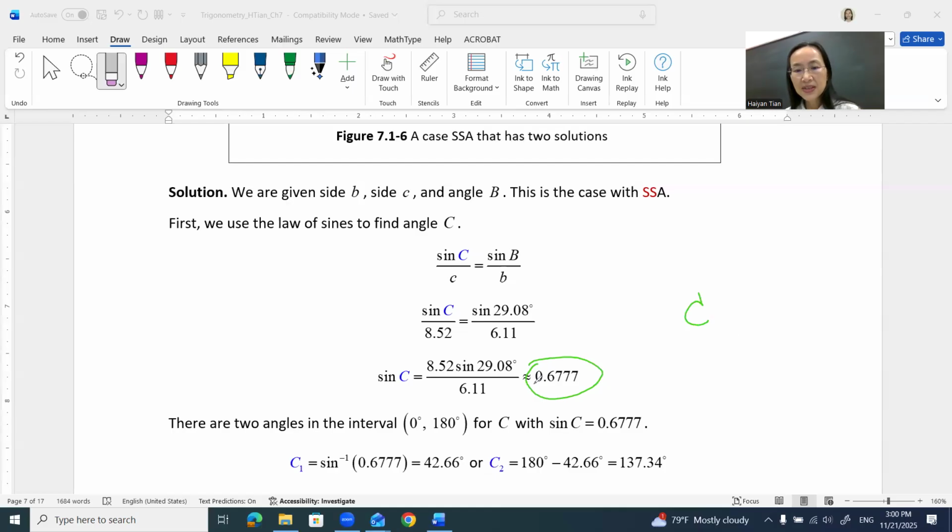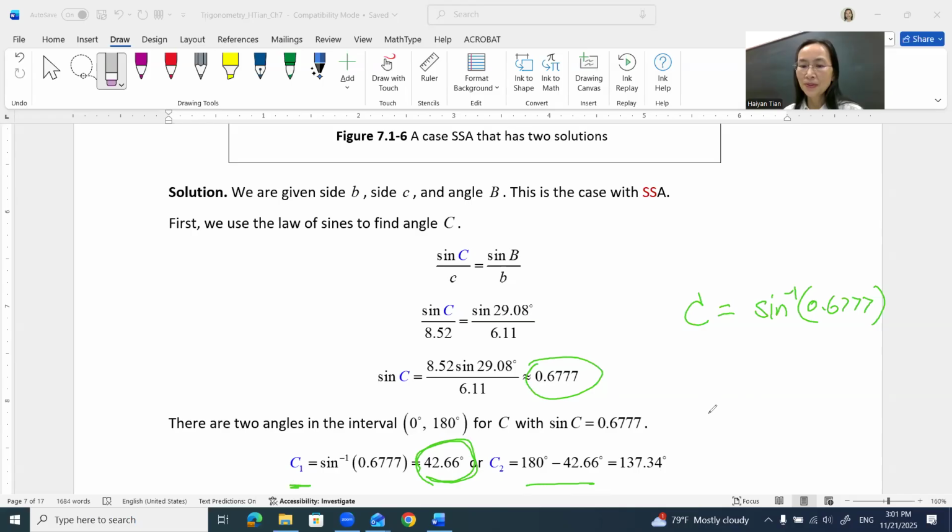And we look for the capital C. If sine C is this, then capital C could be sine inverse of this number. Sine inverse, it will return an acute angle. So we can discover it is 42.66 degrees. So that's one possible value of C. The other possible value is the supplement of 42.66.